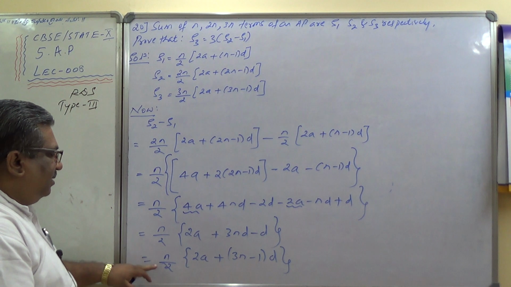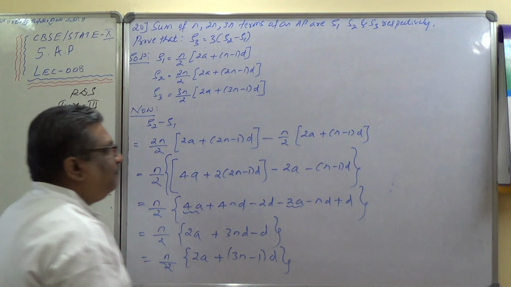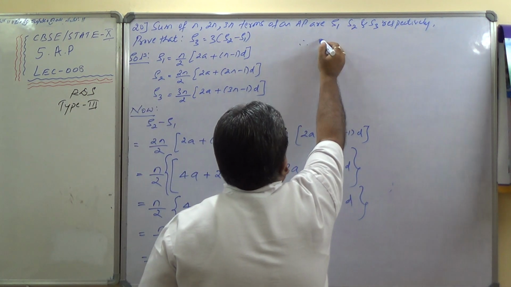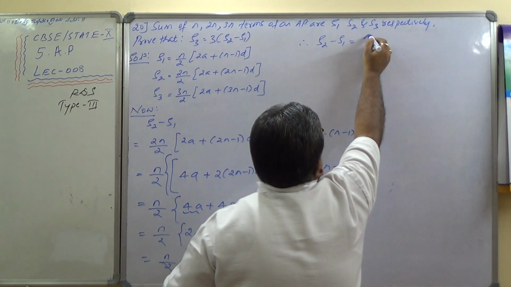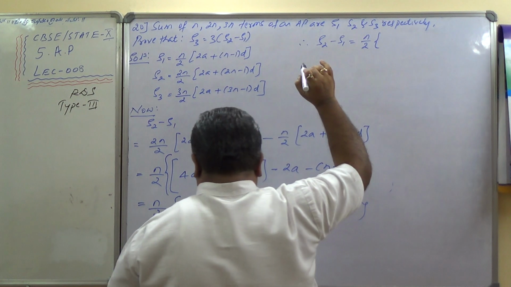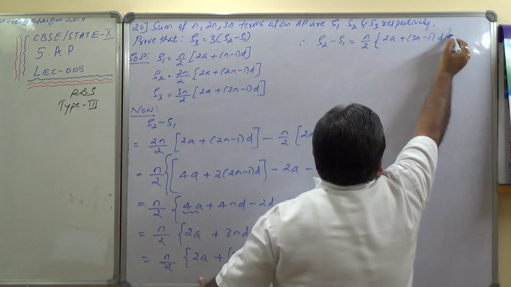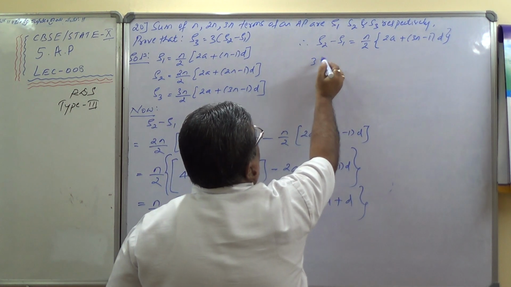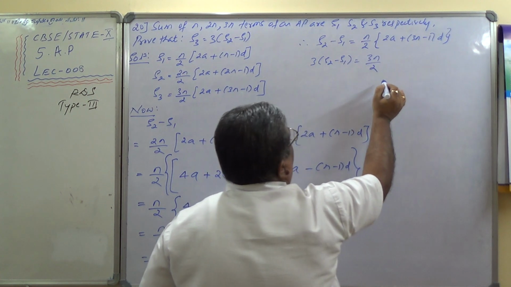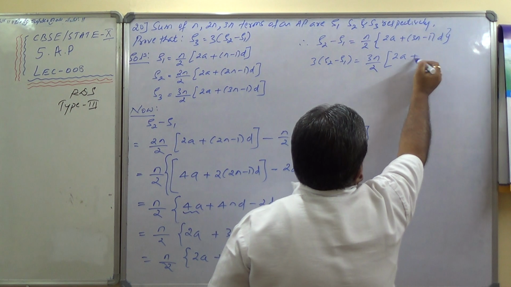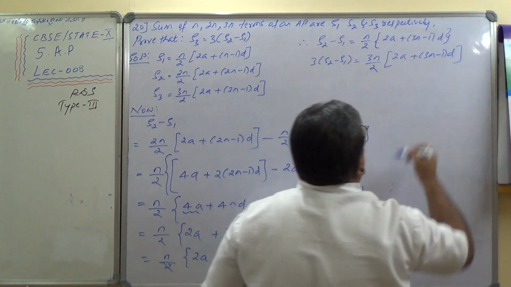I will multiply this S2 minus S1 now by 3 to get S3. Therefore, S2 minus S1 equals n by 2, I am writing once again, (2a plus (3n minus 1) times d). 3 times (S2 minus S1) equals 3n by 2 into bracket (2a plus (3n minus 1) into d).